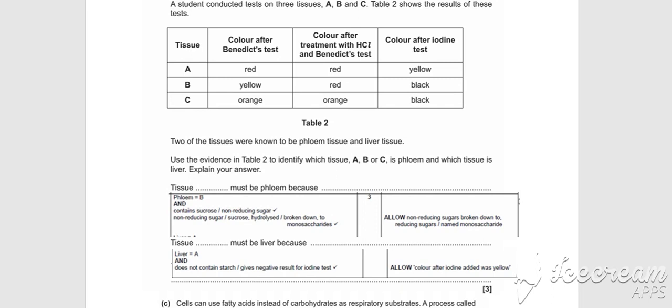Tissue A is going to be the liver because the starch will only be found in plant cells. So the only one that has a negative test for starch is A, so therefore we can conclude that that must be the animal cell, so that must be the liver.